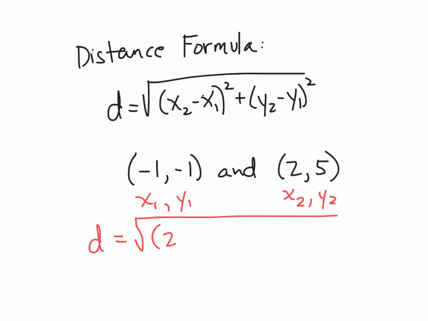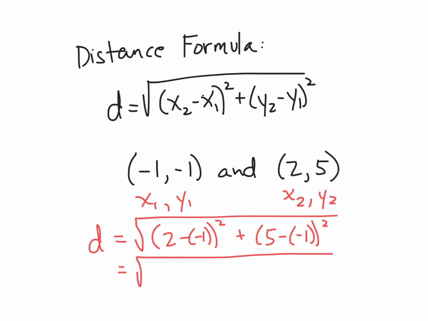All right, x2 is 2 minus x1 is -1, squared, plus y2 is 5 minus y1 is also -1, and we're going to square that. Then take the square root.